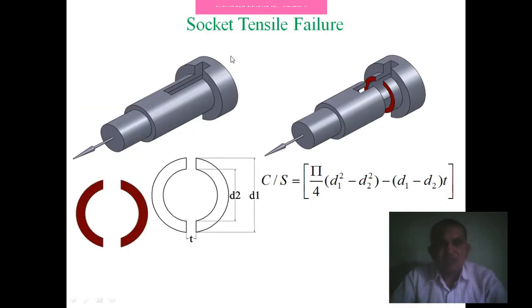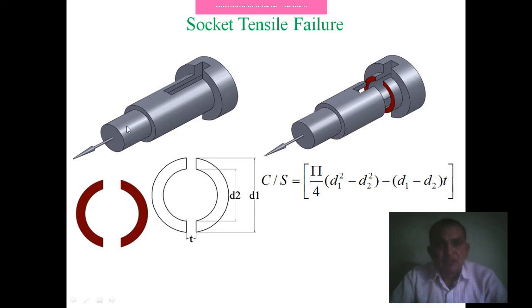Then we come to the socket of the Cotter joint elements. This typical joint shows the diameter of the rod, the diameter of the socket, and then the hollow portion for inserting the Cotter. Inside this hollow portion, D2 indicates the diameter of the spigot end.